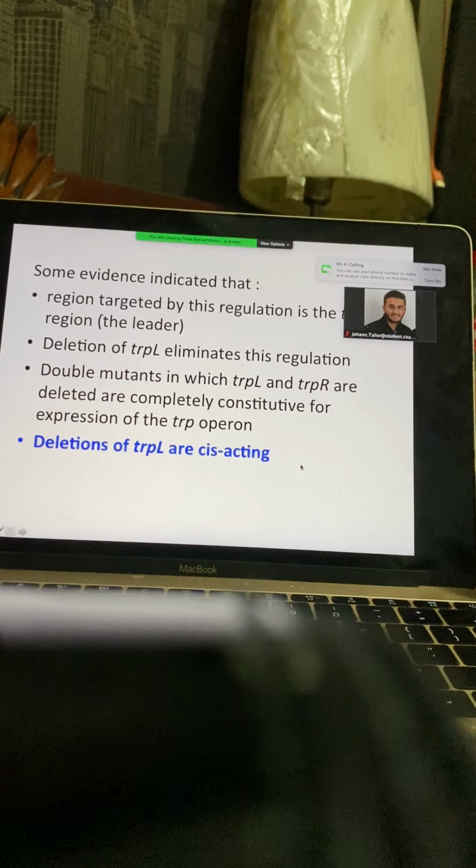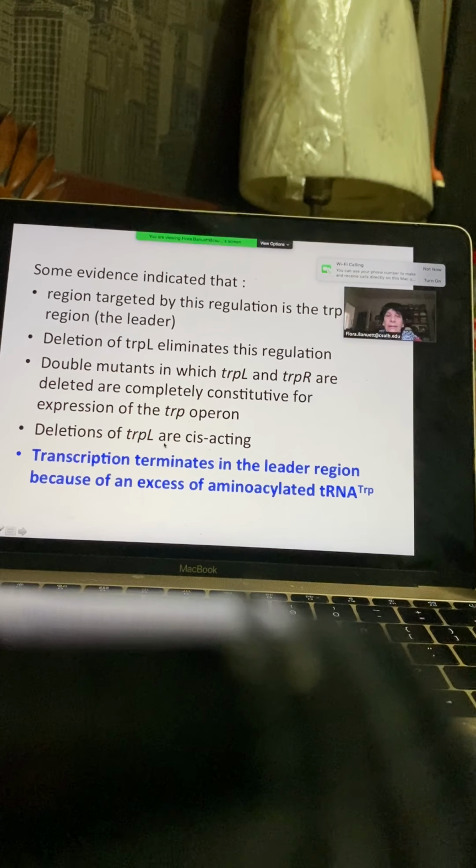Okay, so deletions of TRP-L are cis-acting. They do not act in trans, only in cis. And the transcription terminates in the leader region because of an excess of amino-acylated tRNA, as we will see in a moment. So this sounds strange, but we'll see in a moment.